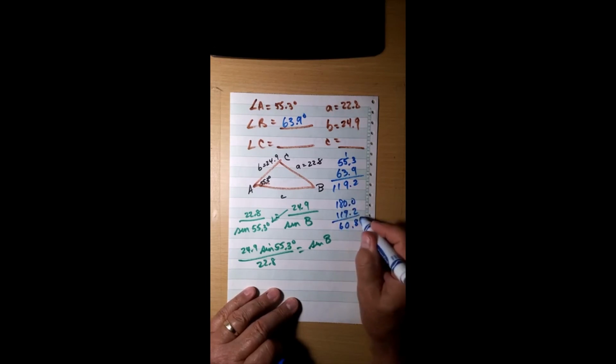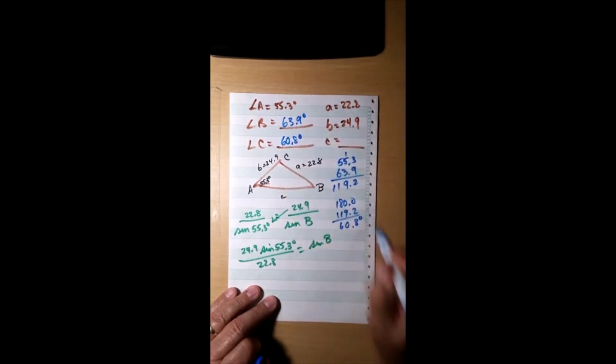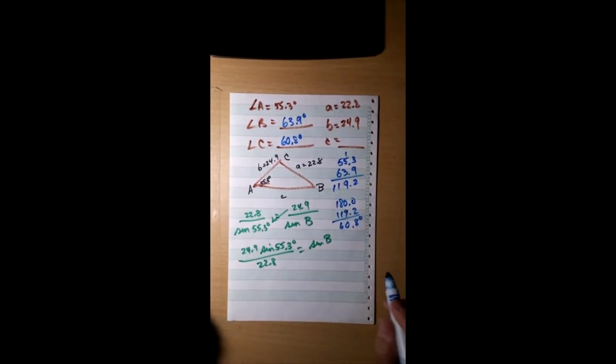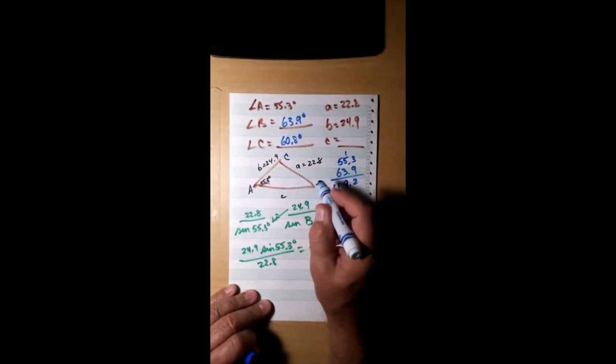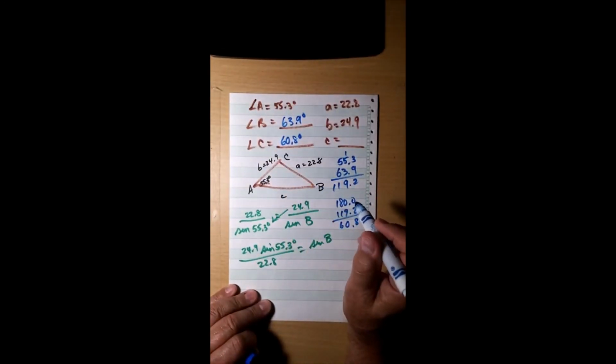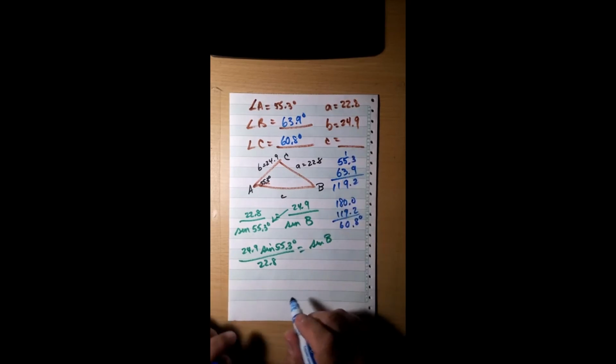So 60.8. Good. So 60.8. We do have some left over for another triangle. Now that we know there's enough angles, we can also figure out what C is. I'm sorry.